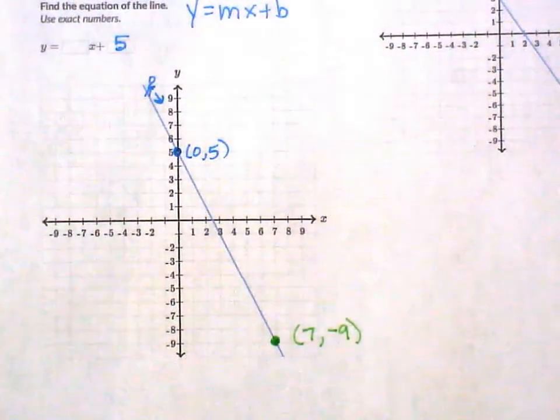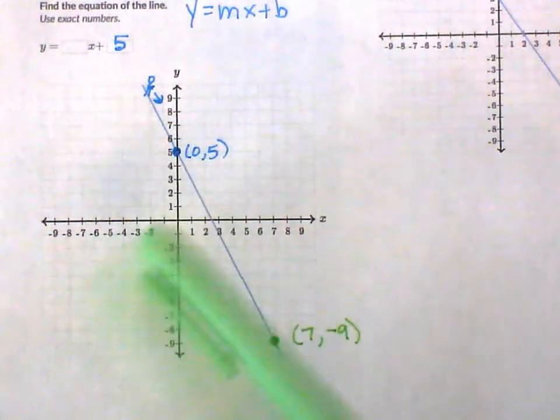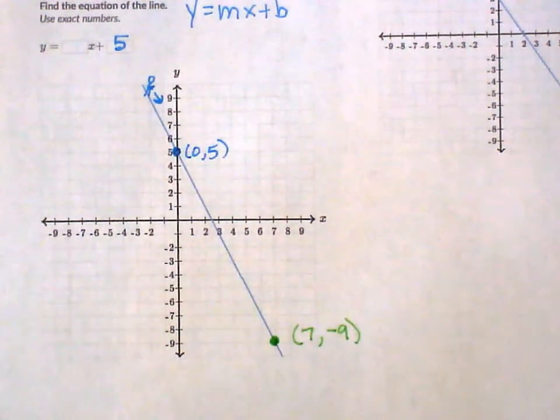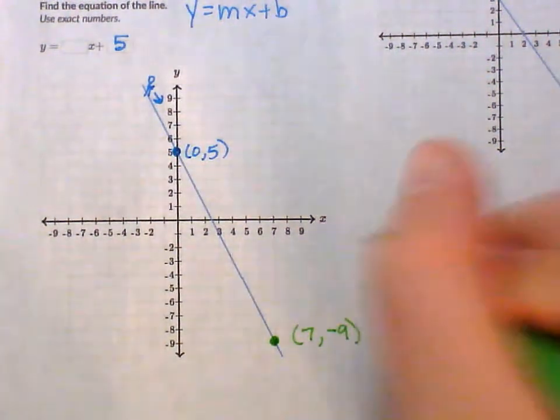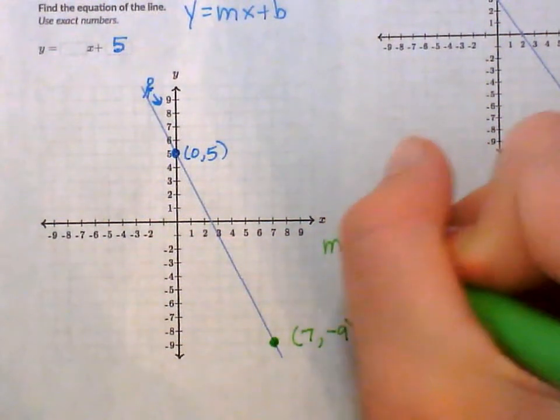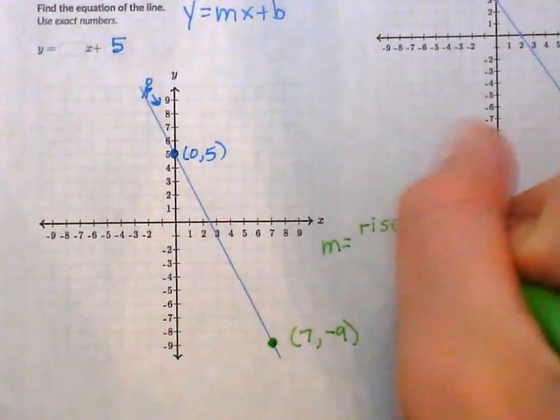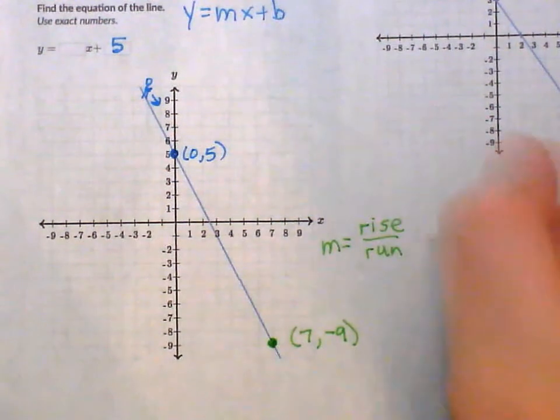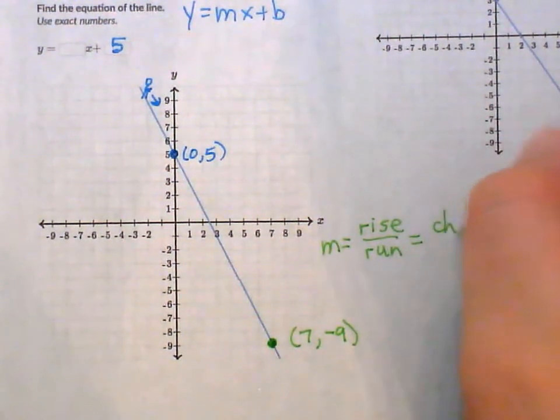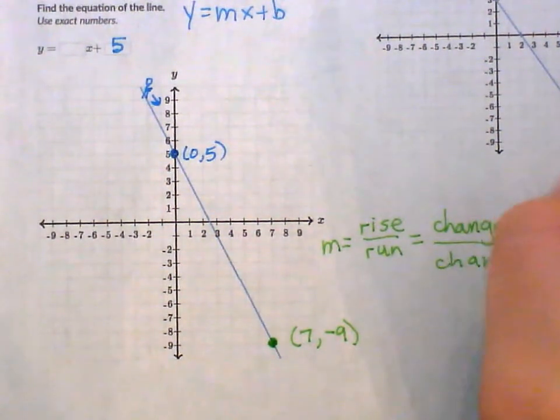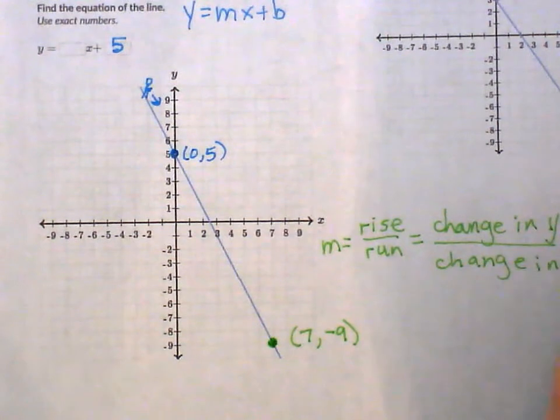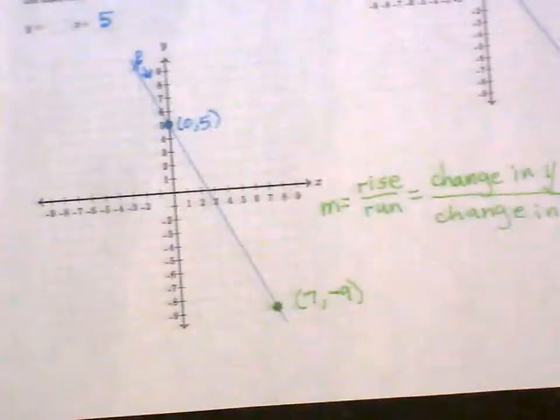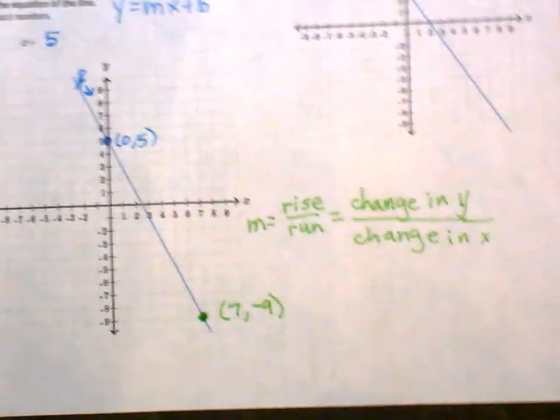So pick your poison. Which way do you want to do it? Do you want to do the leaps on the graph, or do you want to just do it in your brain? So slope, it's rise over run, or it's change in y over change in x. Oops, sorry, let me zoom out.